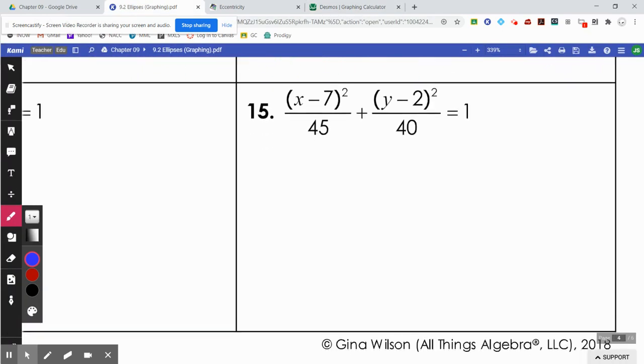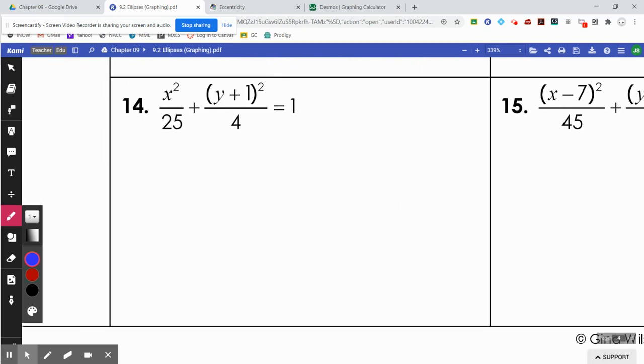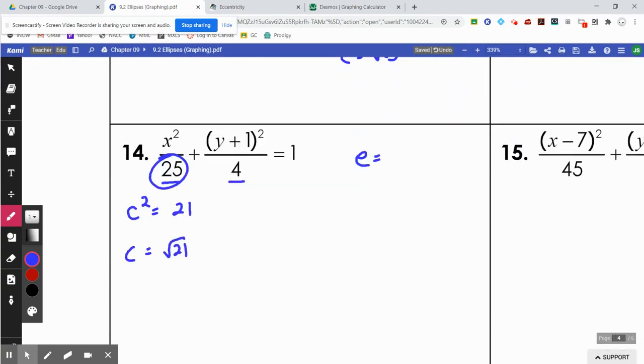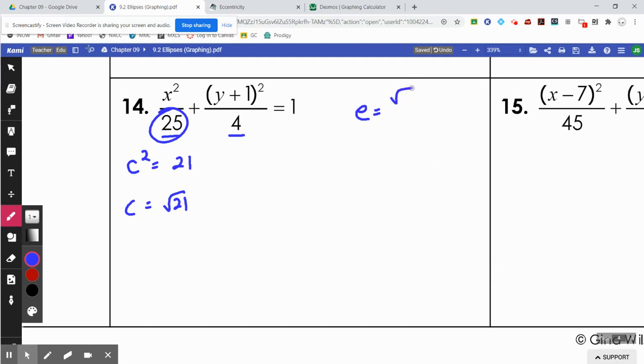Okay, the next one. Again, let's find our C value first. C squared equals A squared minus B squared, which is 21. So therefore, our C is going to be the square root of 21. Our eccentricity formula was C over A. So we have C, which is root 21, over A, and I messed up on that: our A squared is 25, so our A value is going to be 5 and not 25.